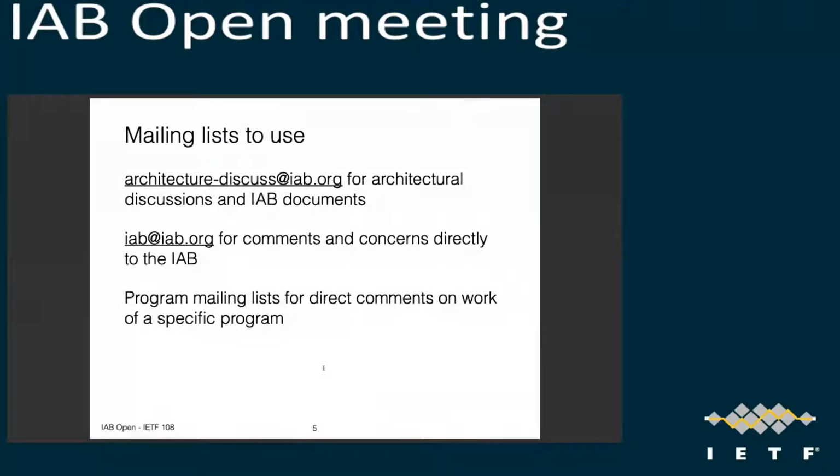We use this mailing list also to announce when we're working on IAB documents, when we plan to adopt or at least discuss the adoption of a new IAB document, or when we collect feedback on these documents. So that's an open list to join. If you are interested in specific topics related to a certain IAB program, usually there's also an open mailing list for each program that you're able to join and provide feedback there.